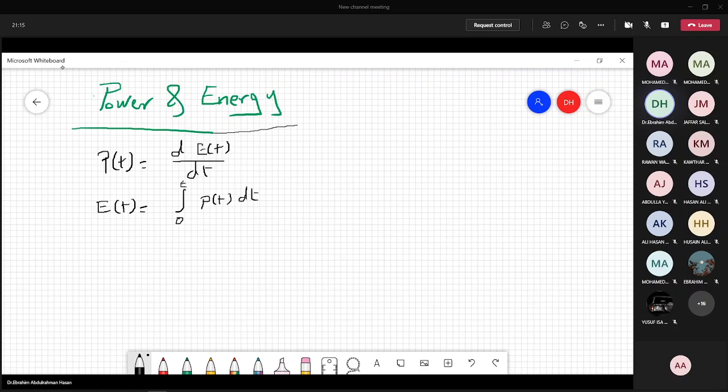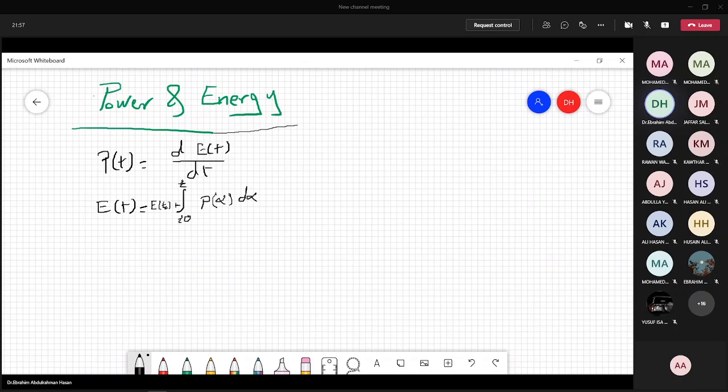We always say that if this is t, then we need to change the integration variable to another variable. It is supposed to be from minus infinity to t. Okay, but if you start from 0 here, it means that you have initial energy. Okay, so let me generalize this. Then it is from t naught, and the energy at t naught.